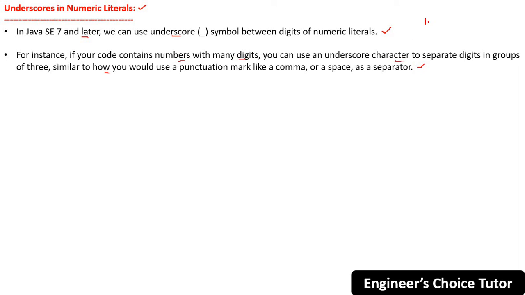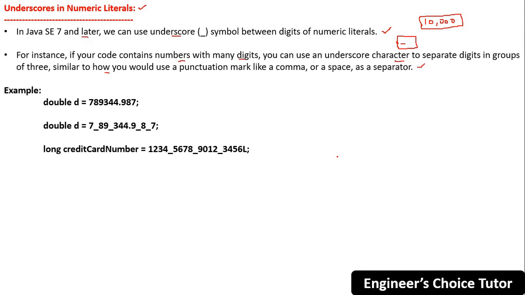Like we usually write 10,000 using a comma separator. If you have more digits, you can separate them using an underscore. That is what this concept is explaining.